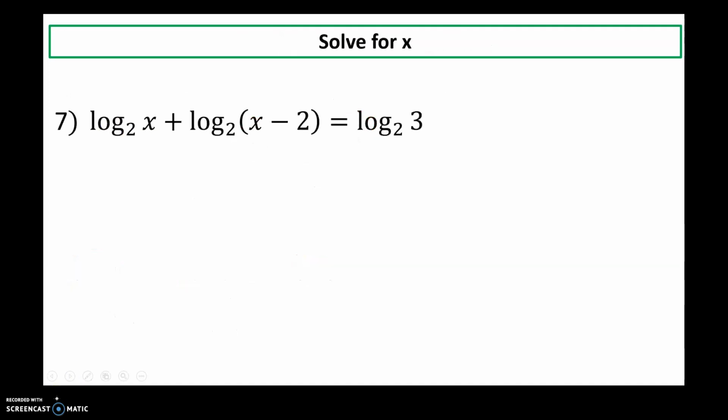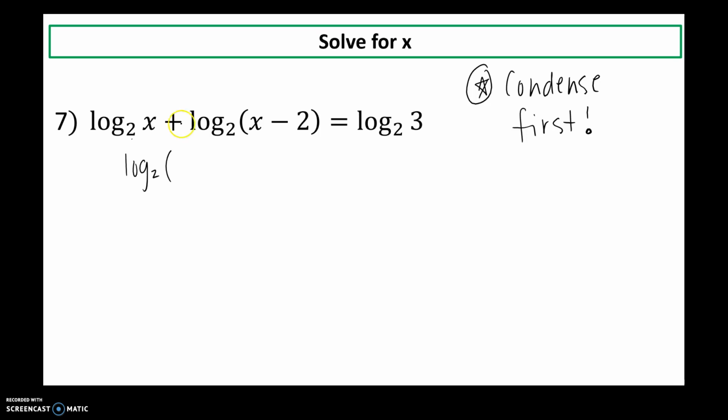All right, so now we can use our properties to solve equations. Always condense first. Always, always. So on my left-hand side, I have 2 logarithms. So I'm going to condense that to log base 2, right? That's my common base.